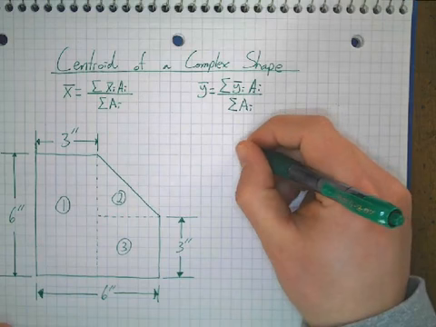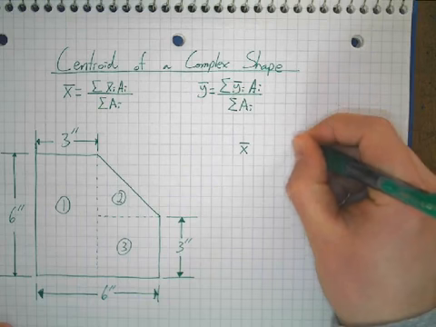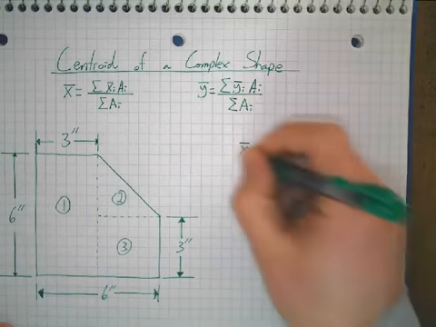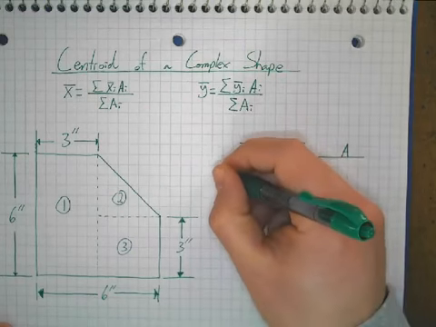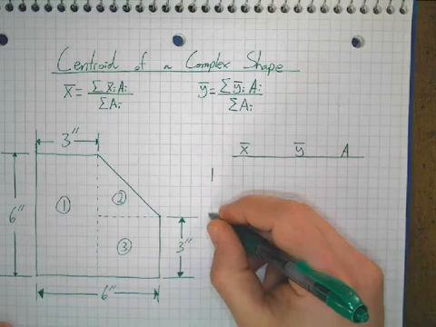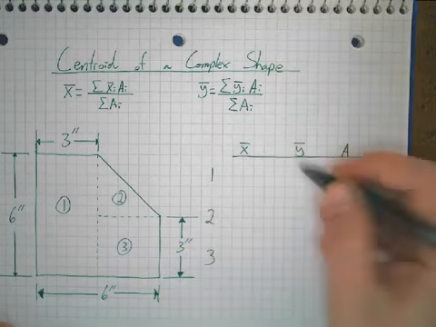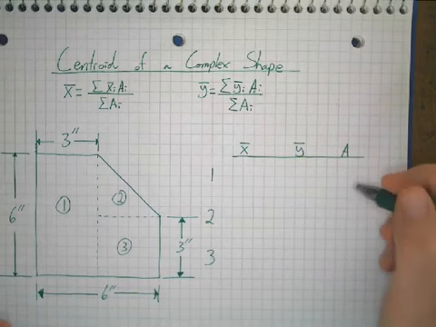So I'm going to say x bar, y bar, and area, and then I'm going to have shape 1, shape 2, and shape 3 all right in here, and we'll figure out the x bar, the y bar, and the area of each of these shapes.